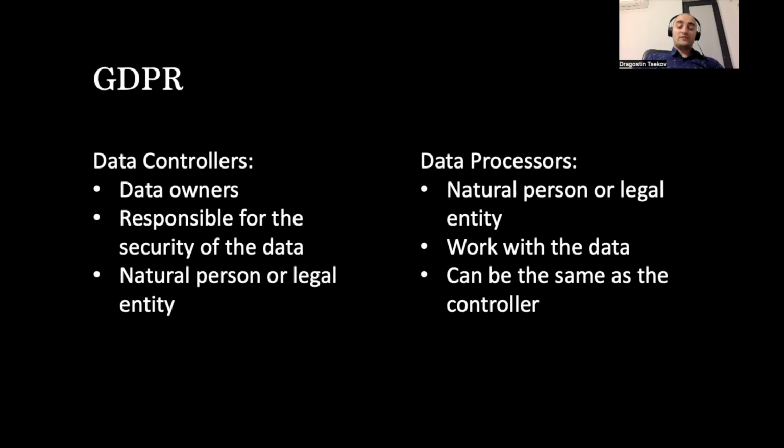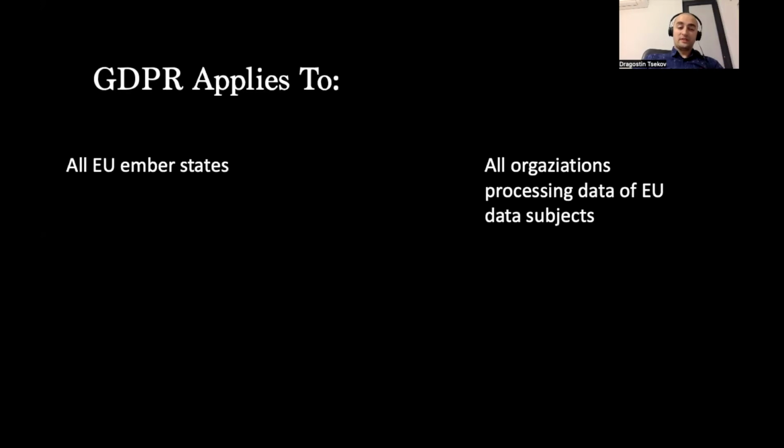With data processors, it's a bit different. Again, we're talking about either a natural person or a legal entity, but this is who is working with the data, which does not exclude the possibility for the data controller and the data processor to be the same person or the same organization.